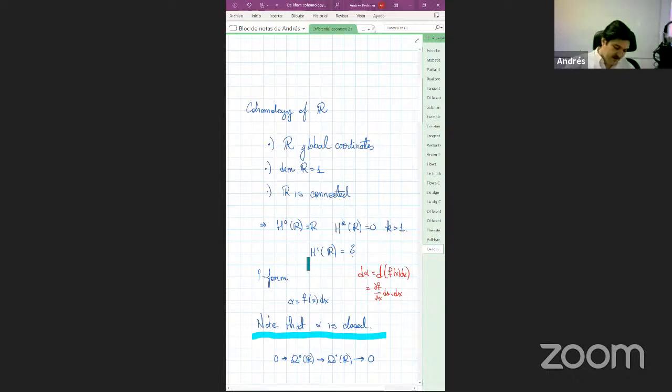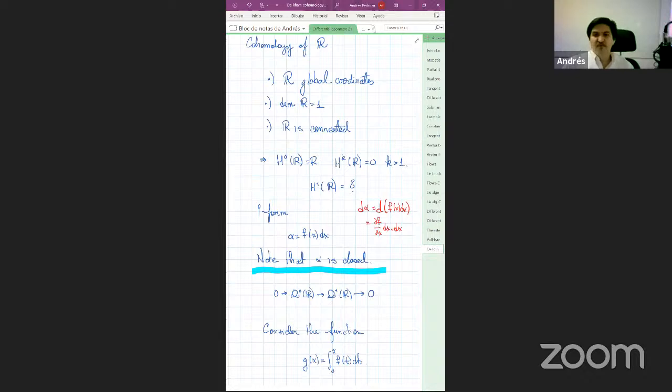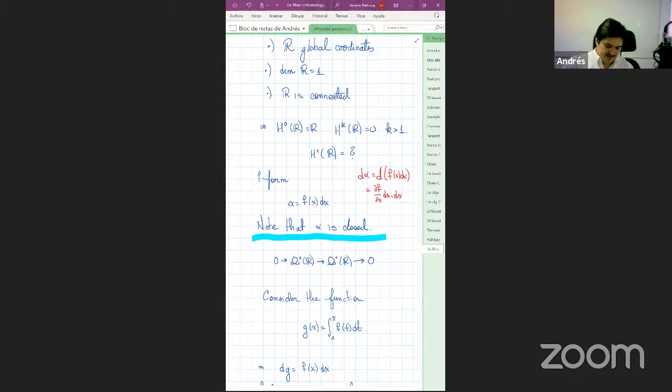Now, to compute this, we need to know closed forms and also exact forms. So far, we know that any one form in the reals is closed. So we use calculus, and I consider this function. The derivative of this is f, right?